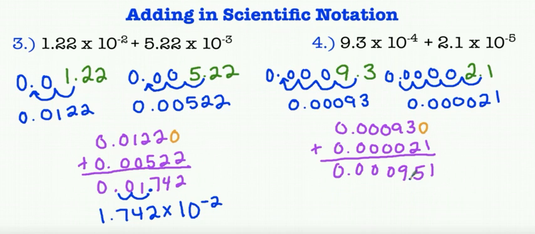I'm going to put my decimal in between the 9 and the 5 to convert it into scientific notation. So that's multiplied by 10 to the power of negative 4. And that's it.